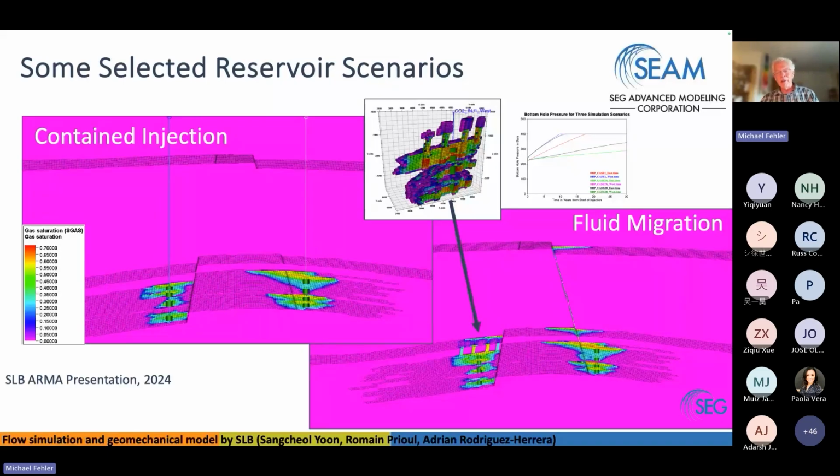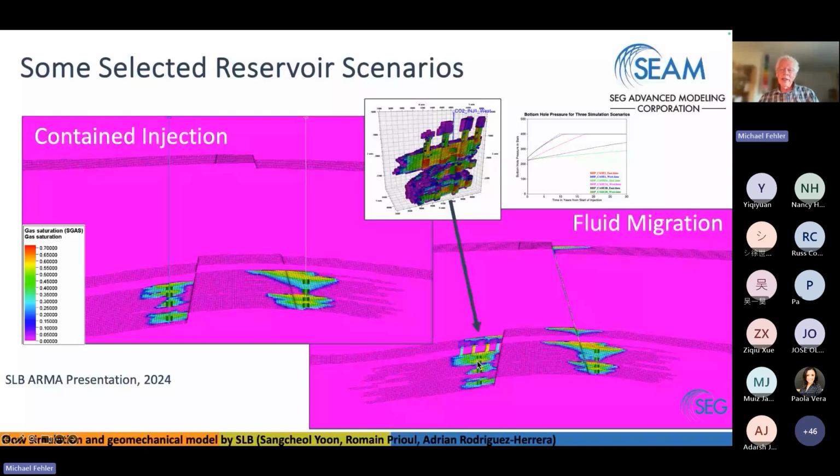What people hope doesn't happen is that fluid migrates. Fluid escapes from the main reservoir, and in this case, it's allowed to migrate up the fault and into this middle reservoir and into the shallow reservoir during the injection period. We also introduce something we call perm pipes, which is to simulate a type of cap rock failure that allows fluid to escape from this reservoir and go into the middle reservoir.